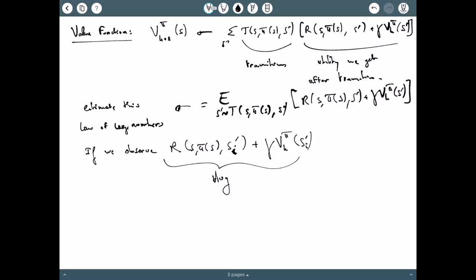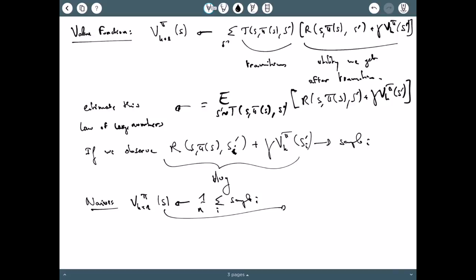And what we could do, as Inka mentioned, is just to say that now our next estimate for the value function will be an empirical averaging of these samples. However, the problem is that here we don't get to decide to be in S, okay?